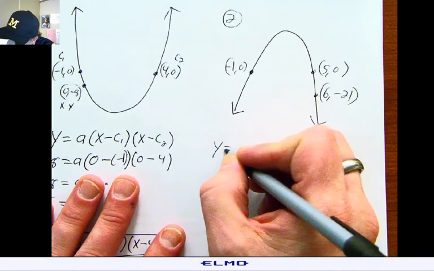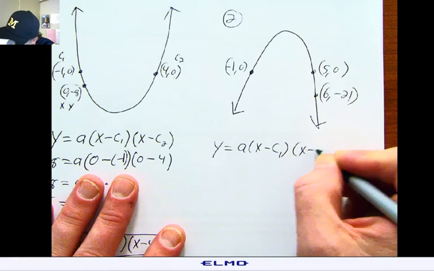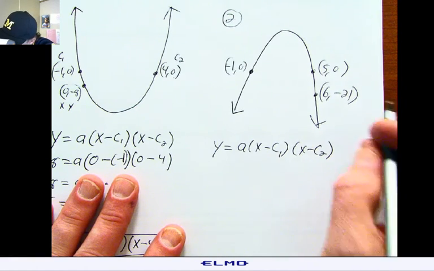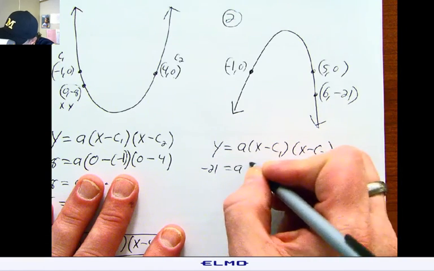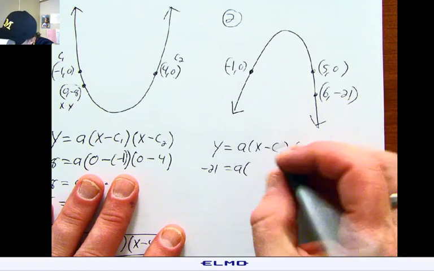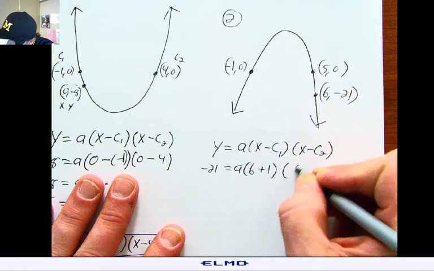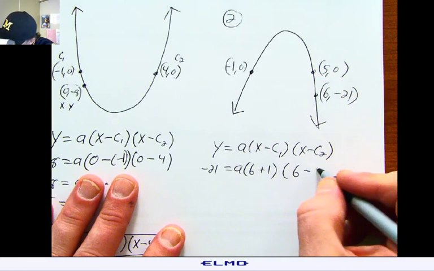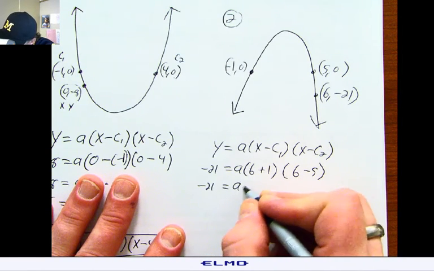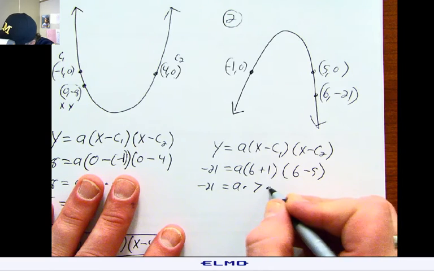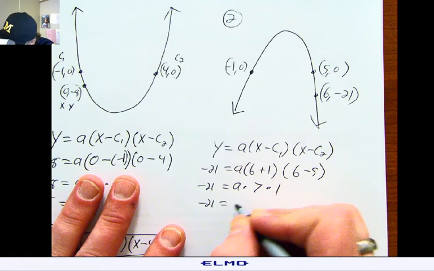Go. y equals a times x minus c1, x minus c2. y is -21, a, the x is 6. So 6 plus 1 and 6 minus 5. -21 equals a times 7 times 1, which would give me 7a.